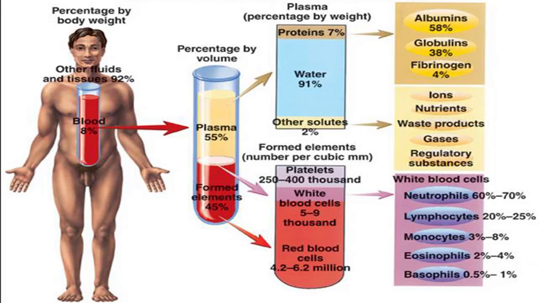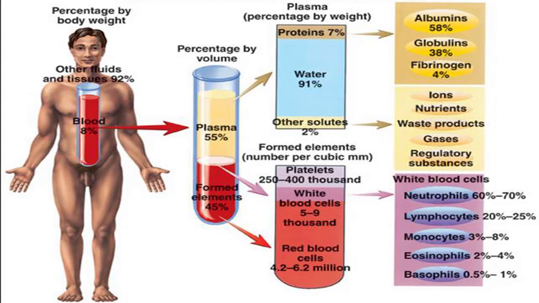Plasma also includes inorganic salts, that means mineral salts: sodium chloride, sodium bicarbonate, potassium, magnesium, phosphate, iron, calcium, copper, iodine, cobalt. It also includes nutrients, principally from digested foods, that is monosaccharides, mainly from glucose, amino acids, mainly from proteins, fatty acids, glycerol, and vitamins.